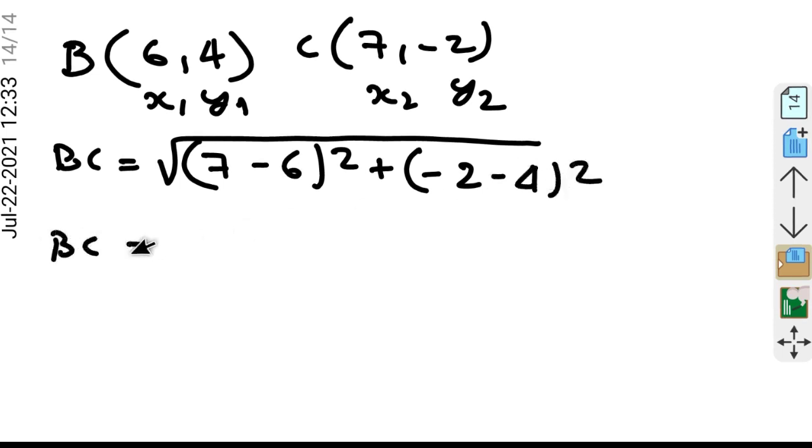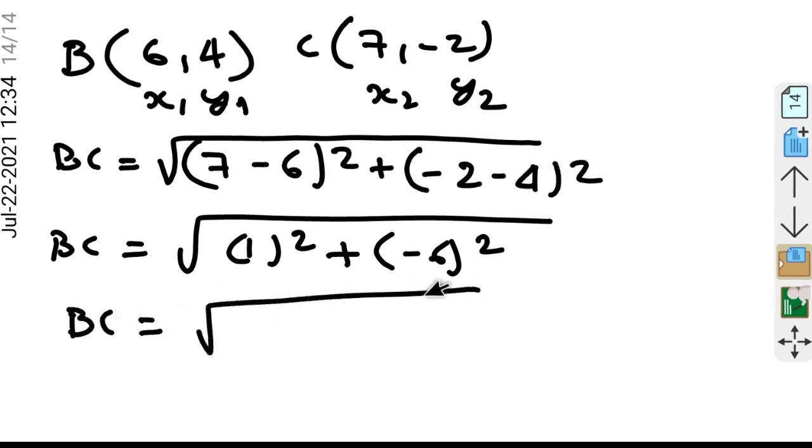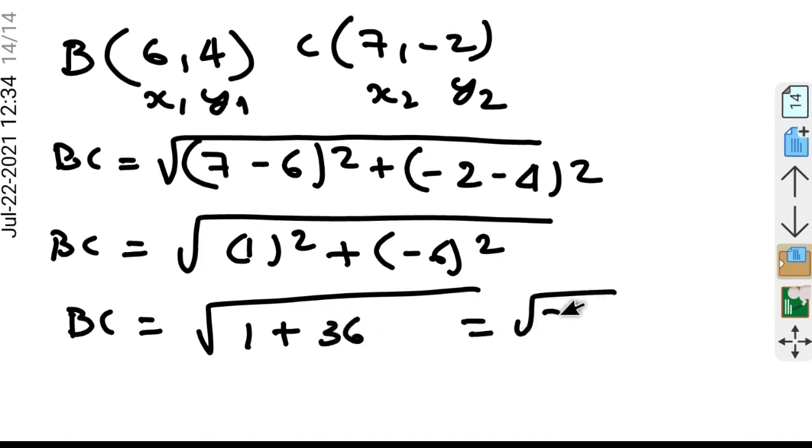So BC equals under root of 7 minus 6 is 1 square plus minus into minus is plus, so 4 plus 2 is 6, it's minus 6 whole square. So BC equals under root of 1 square is 1 plus any minus square will be plus, so minus 6 square is 36, plus 36. The answer is root 37 units.